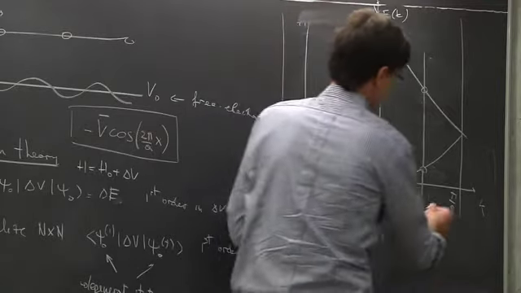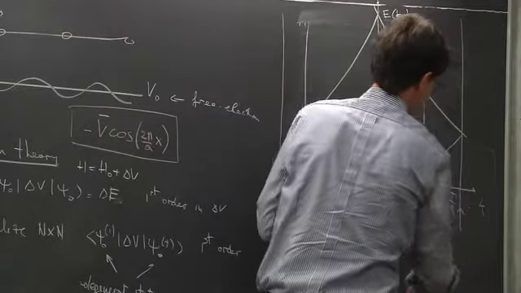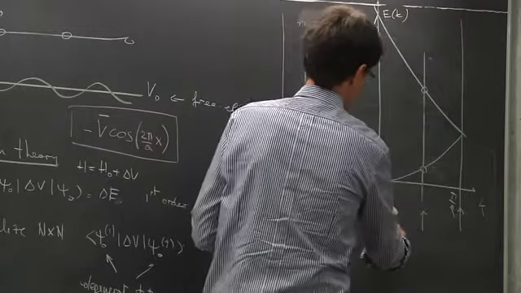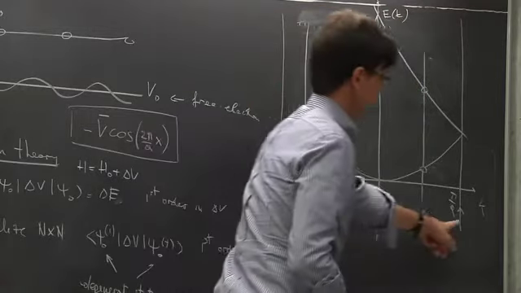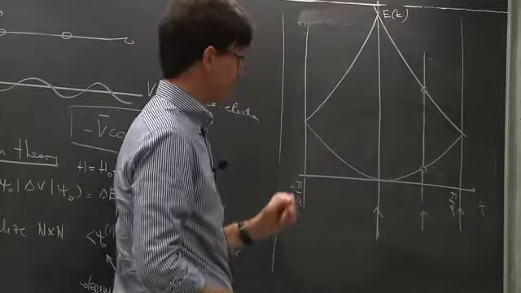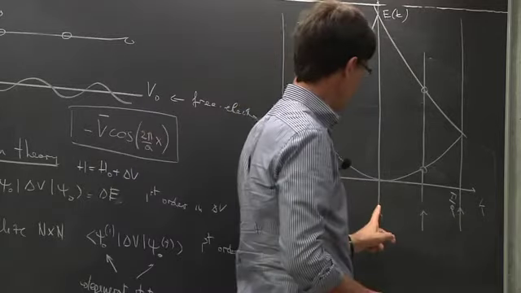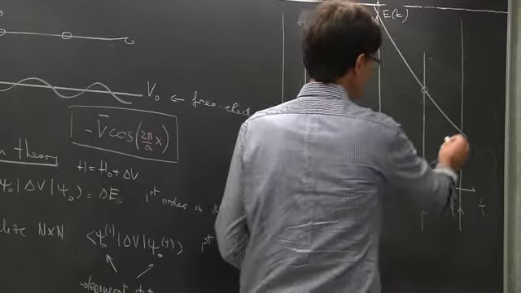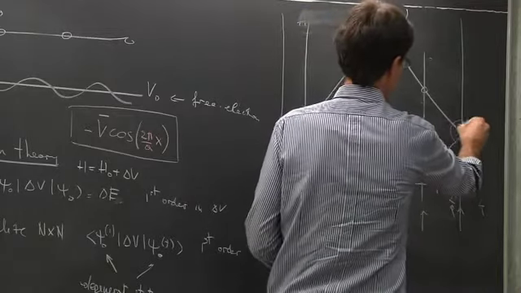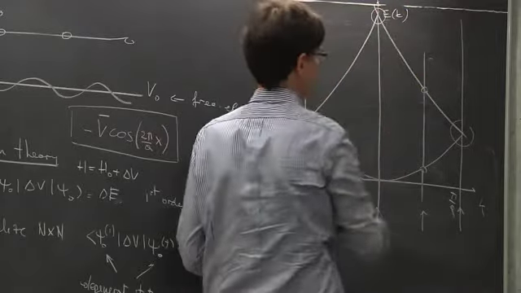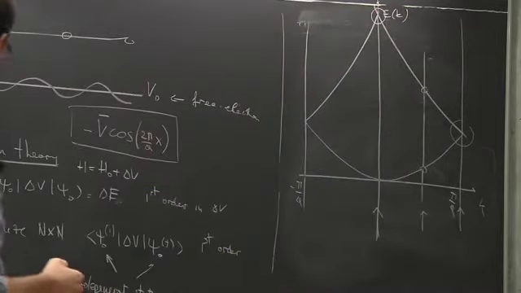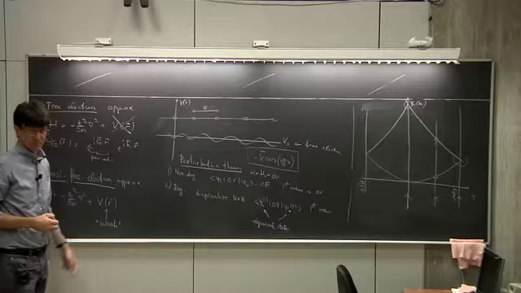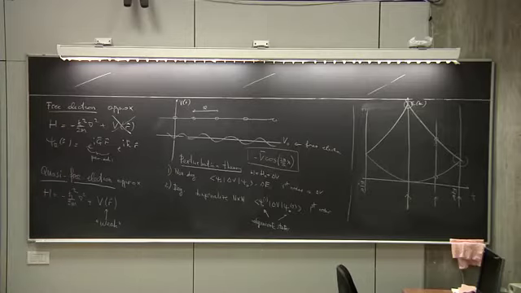The tricky points, of course, are this one and this one. This is, of course, the same as this, right? Because it's periodic. So the only tricky points are k equals 0 and k equals pi over a, because here we do have a degeneracy. And here we do have a degeneracy. So here we have to be careful. We need to apply perturbation theory for degenerate states.